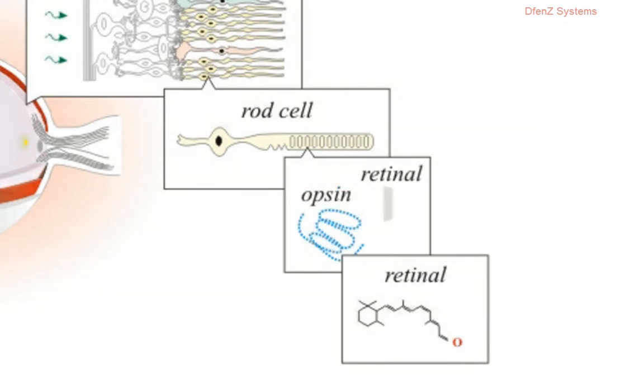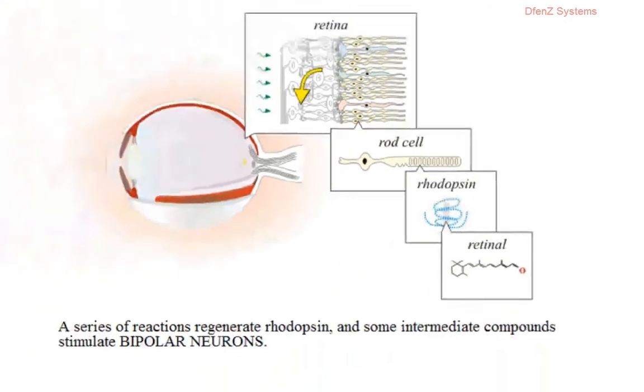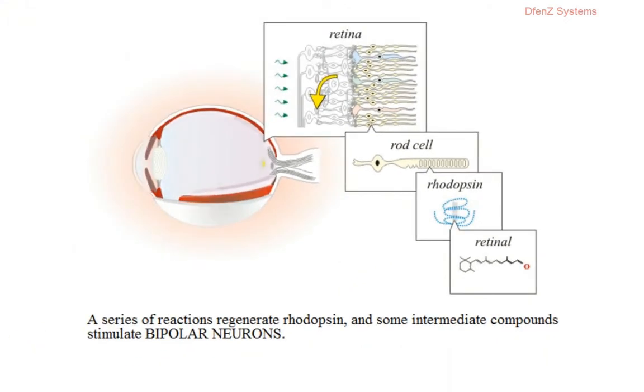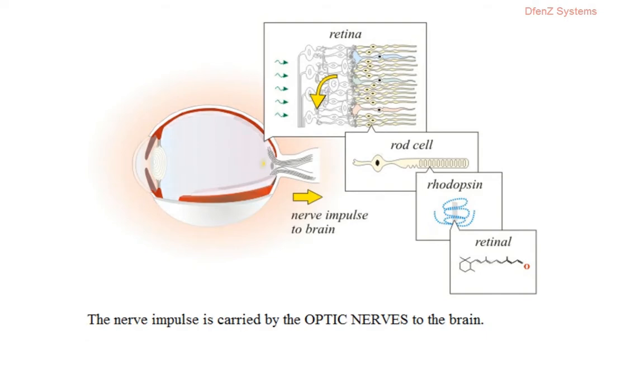When light falls on the retina, retinal changes its shape and separates from opsin. Regeneration of rhodopsin stimulates nerve impulses. This impulse is carried by optic nerves to the brain.